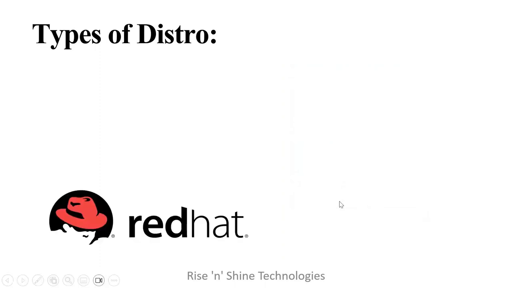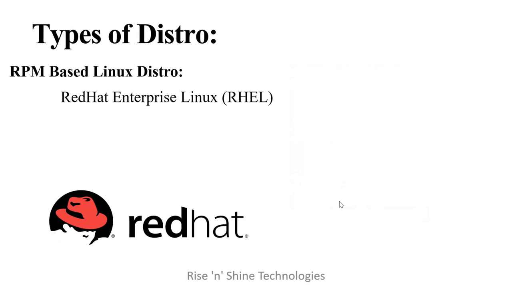We have the Red Hat based, which we call RPM based Linux distributions. Red Hat Enterprise Linux, CentOS Linux, Fedora and OpenSUSE are all different flavors of Red Hat. All these flavors use the Red Hat RPM base.